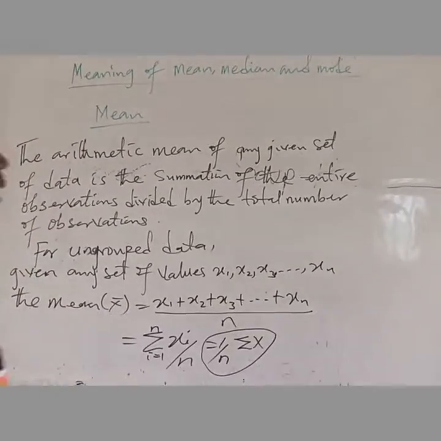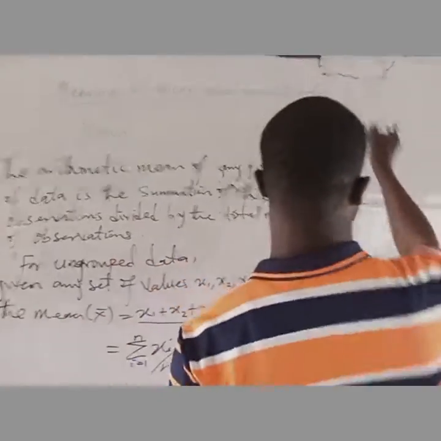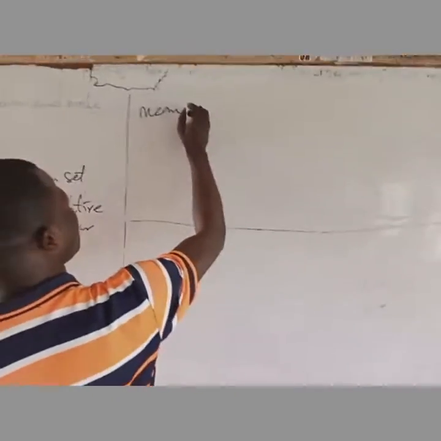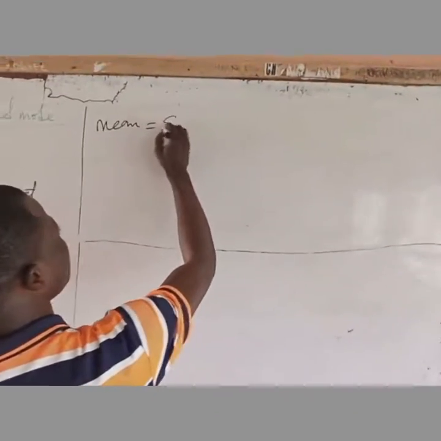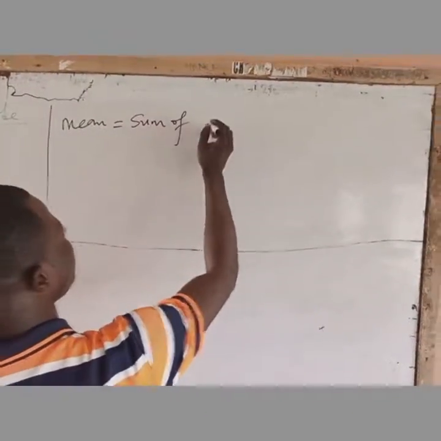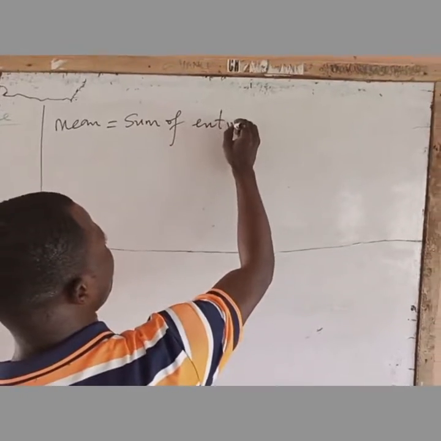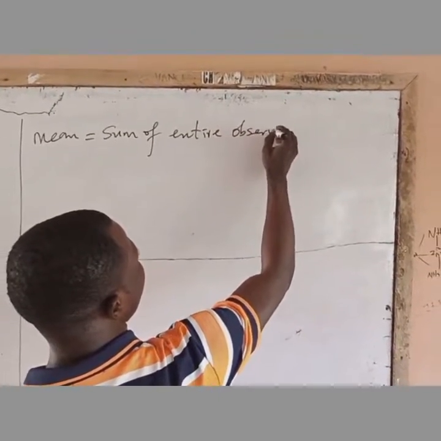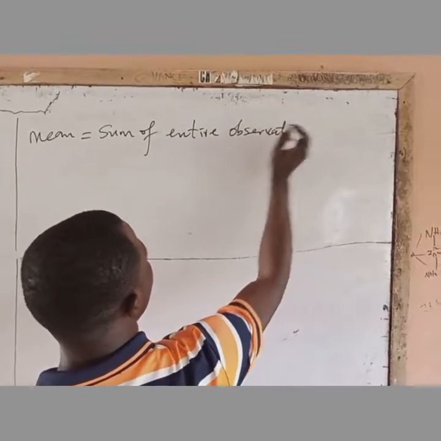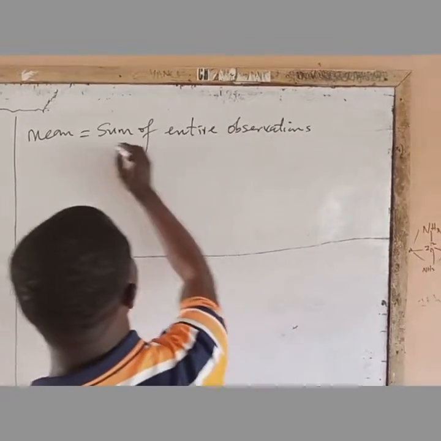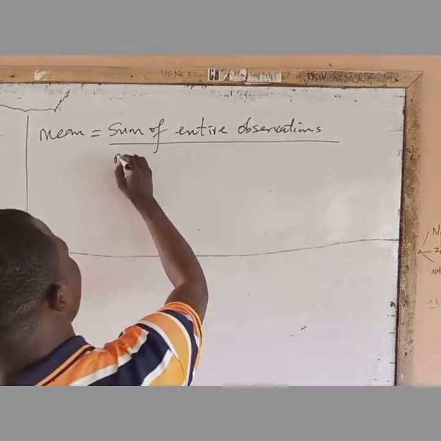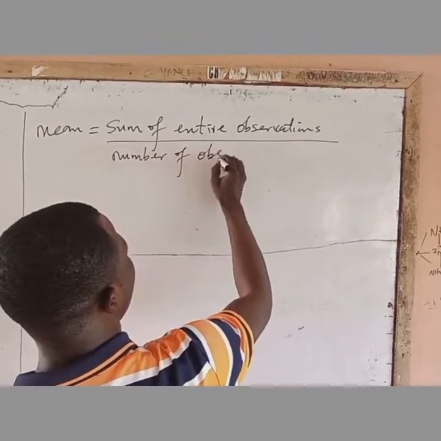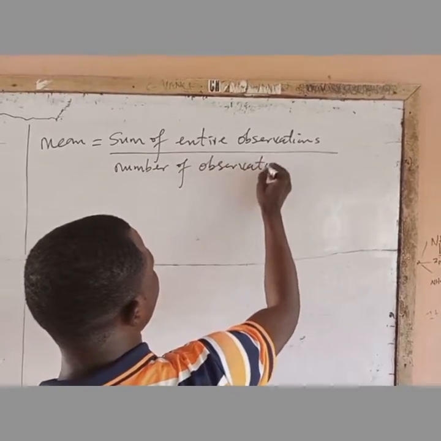So we can easily say, based on the definition, that mean is equal to the sum of the entire observations divided by the number of observations.